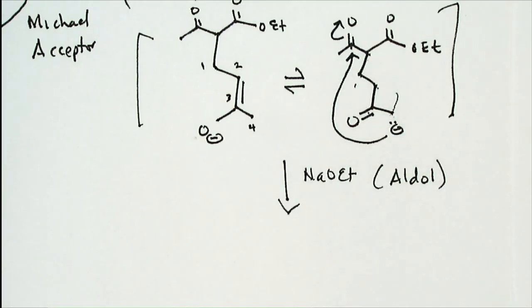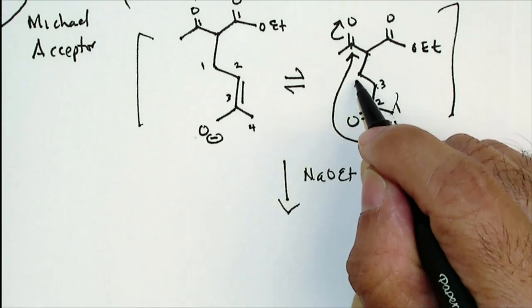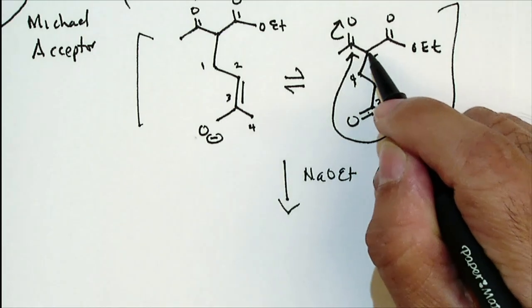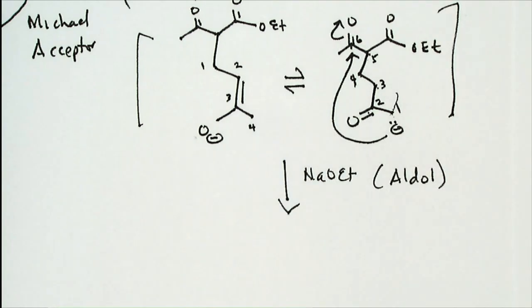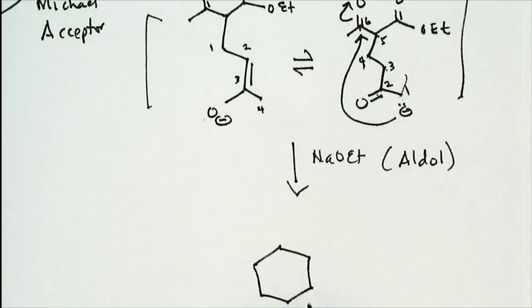Now, I will put numbers here strictly for purposes of following what has happened so that you don't lose track, not because this is how you would actually number this for nomenclature. So I'll say 1, 2, 3, 4, 5, and 6. So 1 is attacking 6, so I'll go ahead and draw my 6-membered ring.